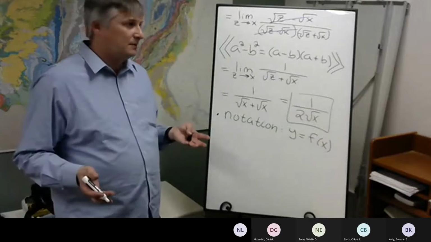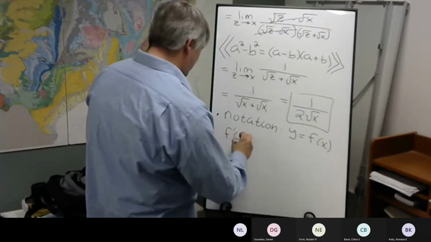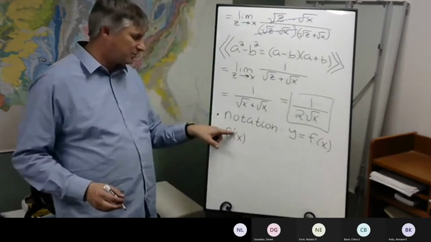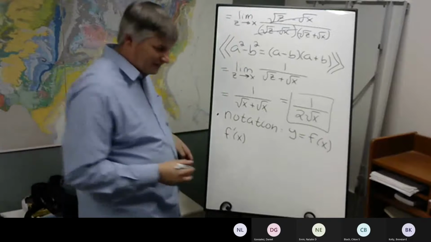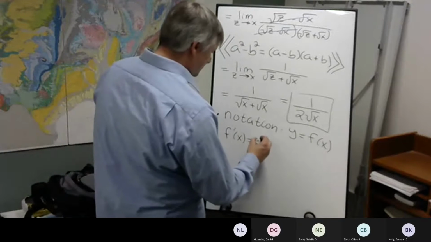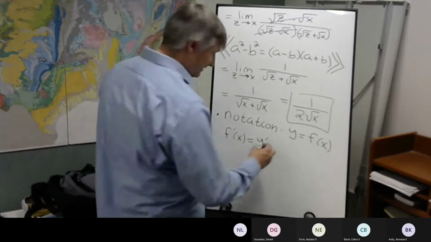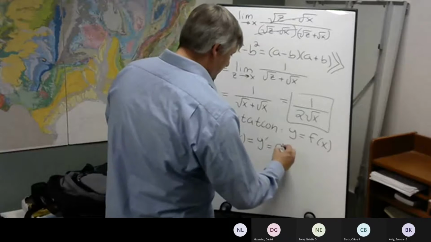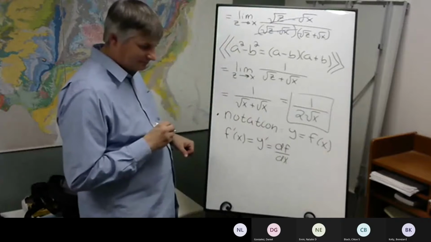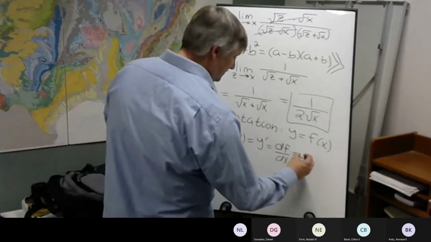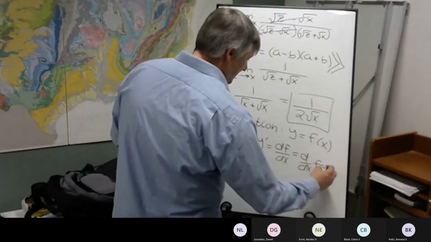You'll see derivatives represented this way: f prime of x. This is called a prime, it's not a minus or anything like that. You'll also see this written as y prime. You'll also see df dx. You'll also see d dx of f of x.